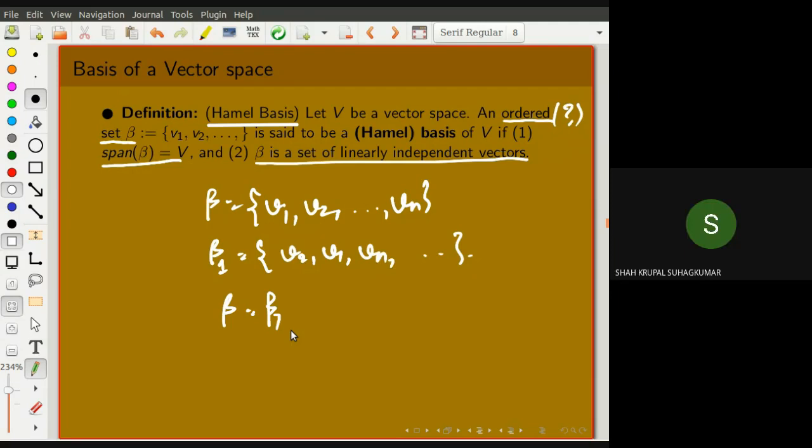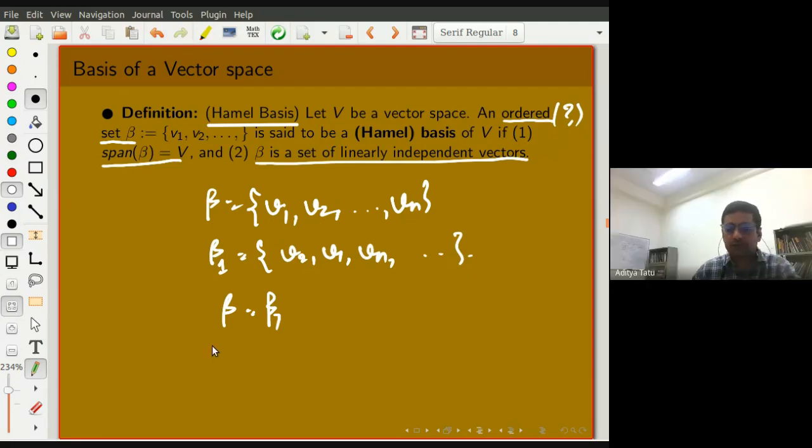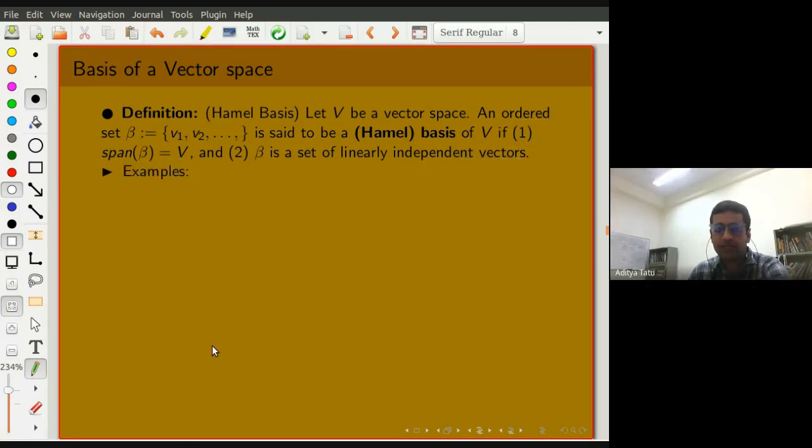Can someone first give me examples of vector spaces and their bases? Let's start with the simplest case, where the vector space is R, R over R. What would be a basis?